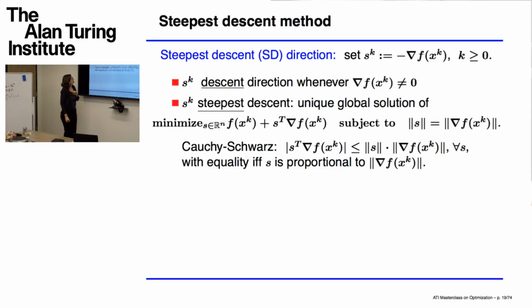Because it is the direction along which f decreases at the fastest rate locally. And we see that by looking at the fact that the negative gradient is the solution of this minimization problem, minimizing a linear model of my function around the current point xk, subject to some length constraint, because if I didn't have this length constraint, what would happen?